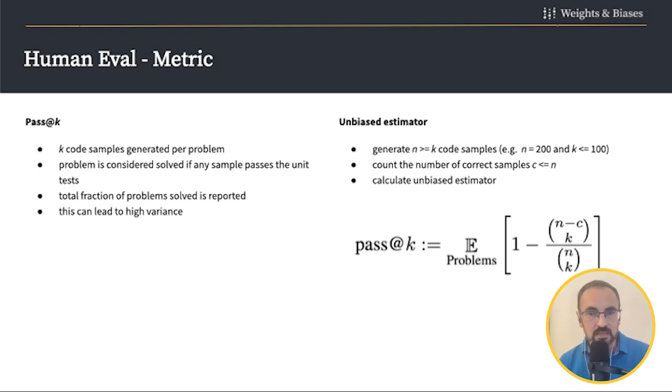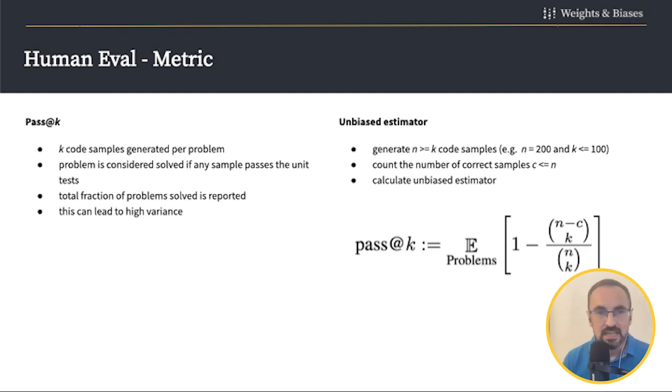For example, for pass@100, the team would generate 200 samples, then count the number of correct samples within this bigger group, and then calculate an unbiased estimator. We don't need to dig into this metric or necessarily understand it now, but it's important to note that calculating pass@5 may require you to do like 20 generations.